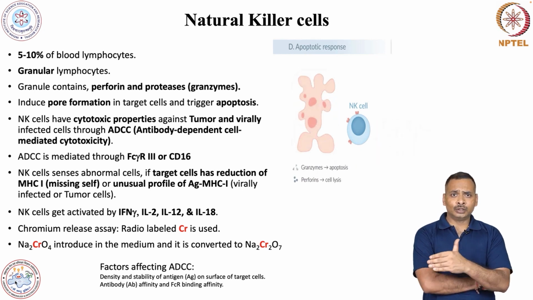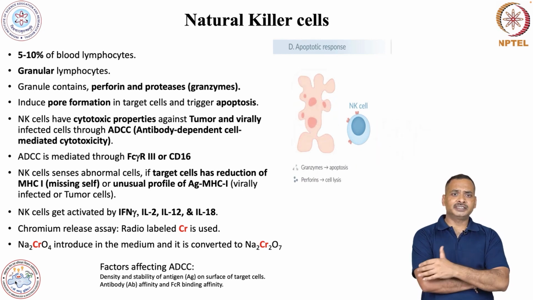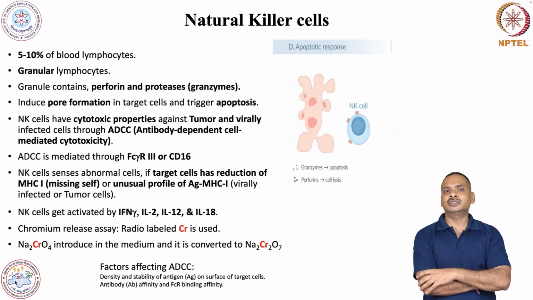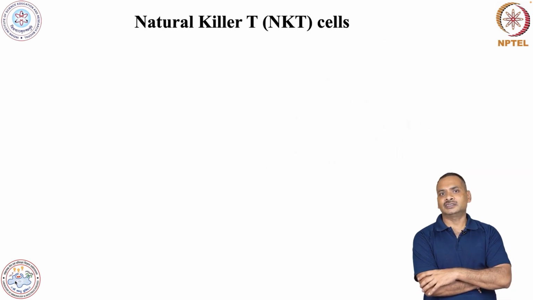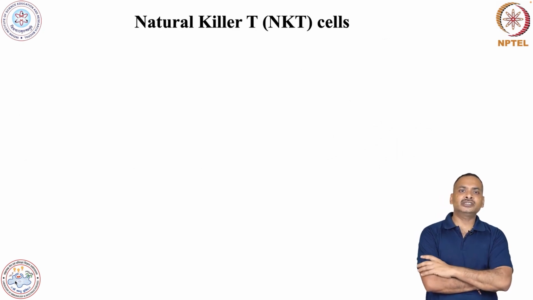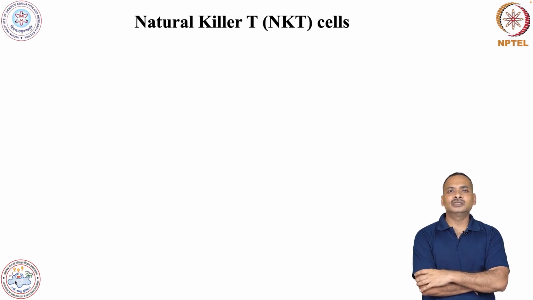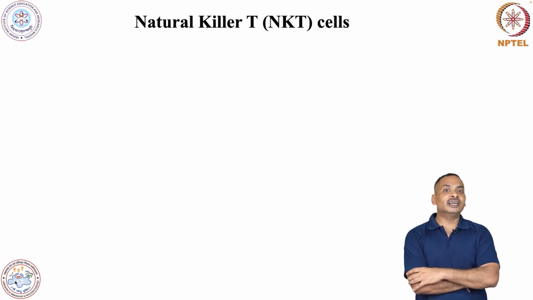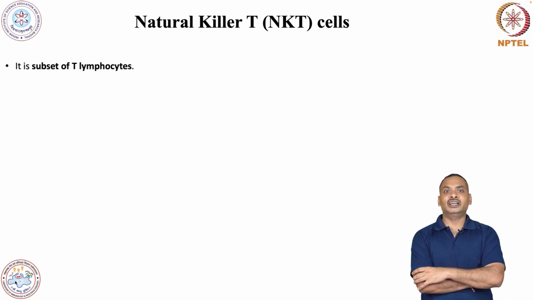So, I hope you understand this ADCC phenomenon very well. And now let us move on to another very important cell type, which we call NKT cells. These are natural killer T cells, and they play a very important role in recognizing non-conventional antigen.